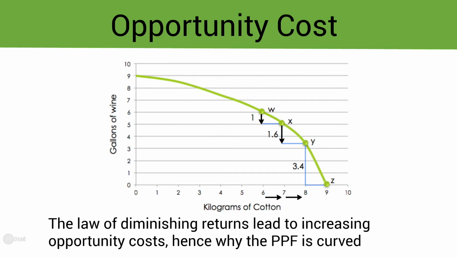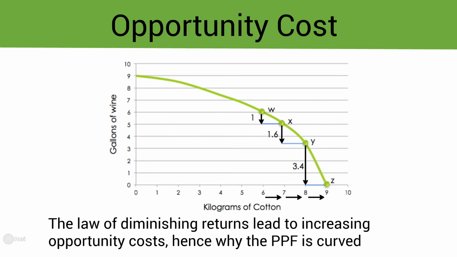Now we can see what the opportunity cost is at point Y to gain 1 more kilogram of cotton. At point Y, 3.4 gallons of wine are being produced, but at point Z, 0 gallons of wine are being produced and only cotton is being produced. Z is the point where all of our resources are being put into cotton production.